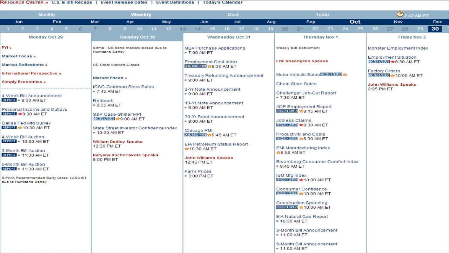Now, the great thing about this calendar is that the analysts at Econoday basically let you know which ones are the most important announcements. The most important ones, the ones that are market moving, are highlighted with a red star. The less important ones, but still decent, are highlighted with a yellow one, and then the ones that really have very little impact are just a gray dot.